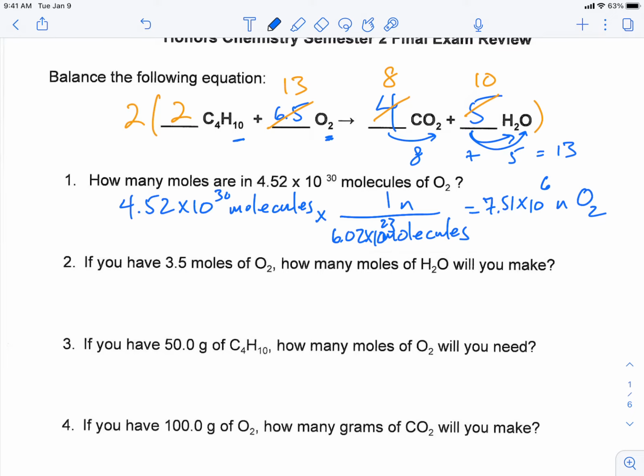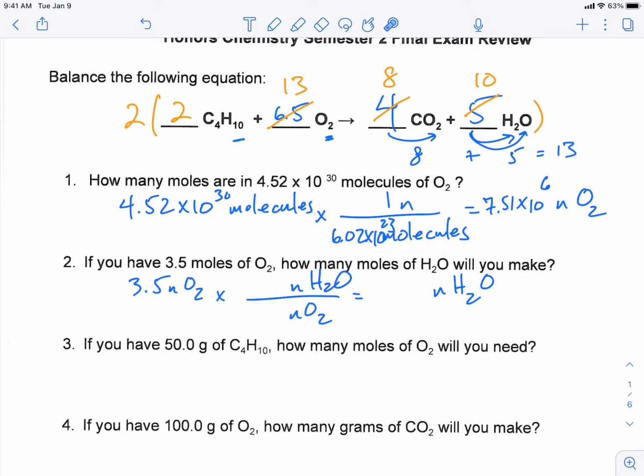Next problem here, I have 3.5 moles of O2 is my given. What we want to find out are moles of H2O. The only time these are compared to each other is in the balanced equation. So moles of O2 are on the bottom, moles of H2O on the top. We can do this in one step because our units of our equation are moles, meaning these coefficients represent moles.